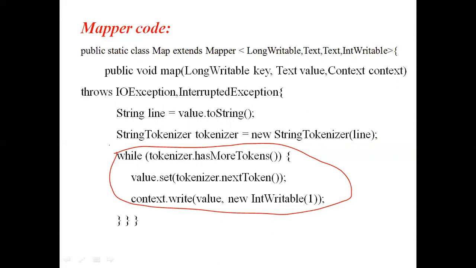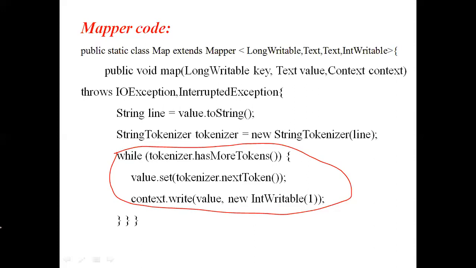For example, in our example, we divided the line into three tokens: Deer, Beer, and River. Three tokens are there. Every time it will return one token.